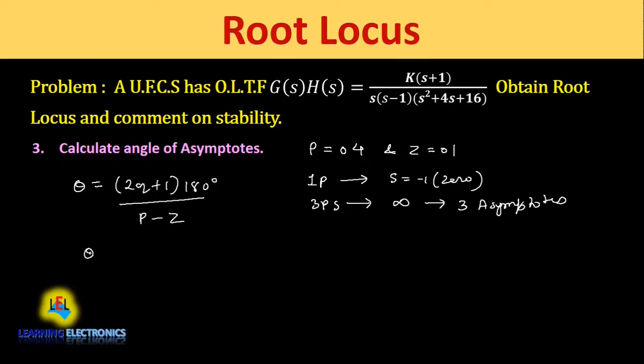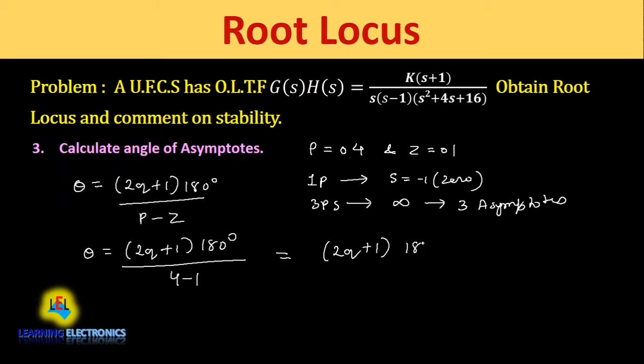We get theta is equal to (2q plus 1) into 180 degrees divided by 4 minus 1. So this becomes (2q plus 1) into 180 degrees divided by 3, so we get (2q plus 1) into 60 degrees. This is the value of theta for the given system.